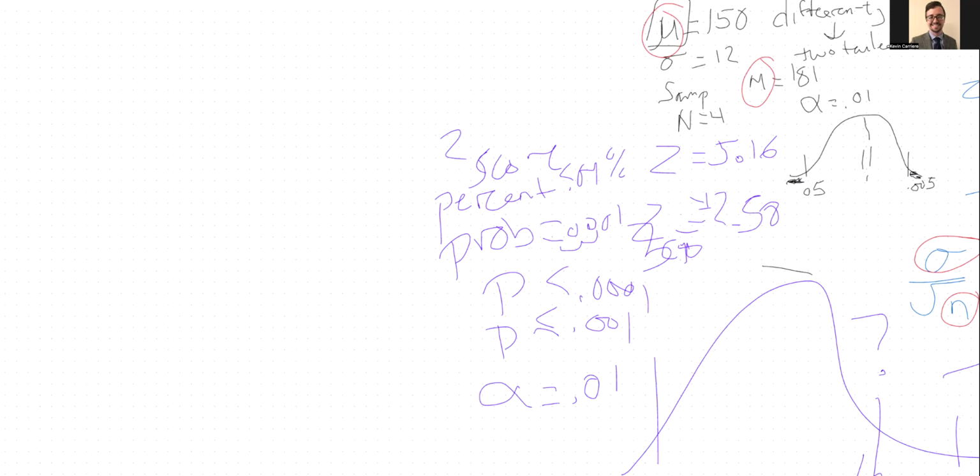It's not a percent, it's a proportion. P-values are proportions. So they too range between what two numbers as a proportion? 0 and 1.